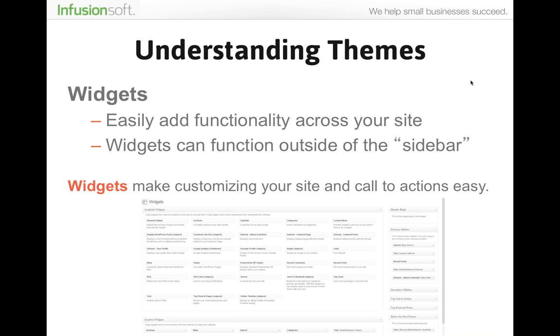If you publish a blog post around that, but you also want to have a call to action at the bottom to send people to a certain landing page to learn more about that product, you could actually do that easily with themes. So I'm sorry, with widgets. And widgets actually make it easy so you can drop in any content that you want, generally speaking, into a widget. So here's a screenshot.